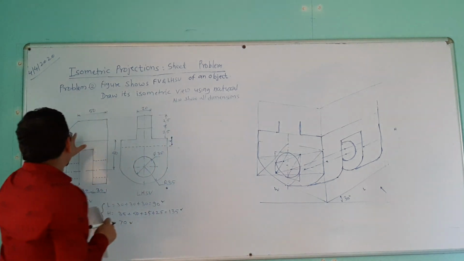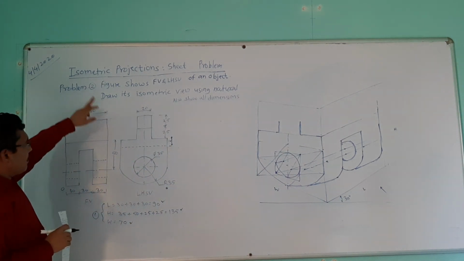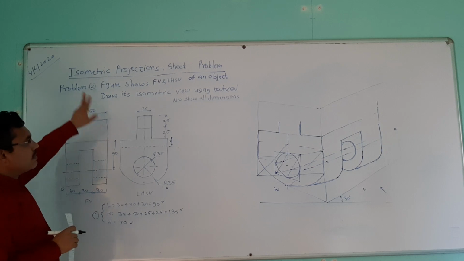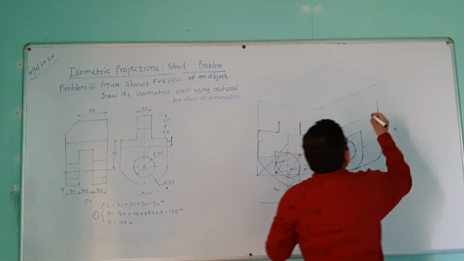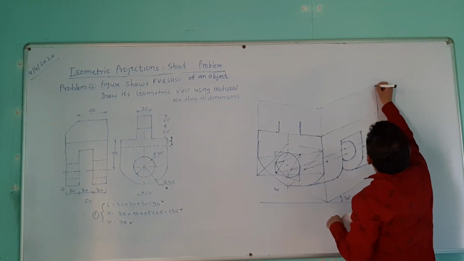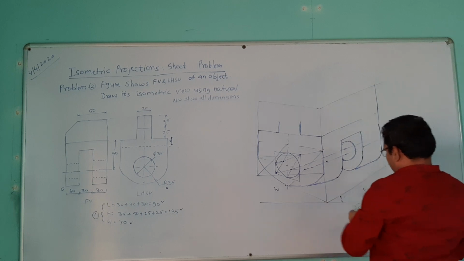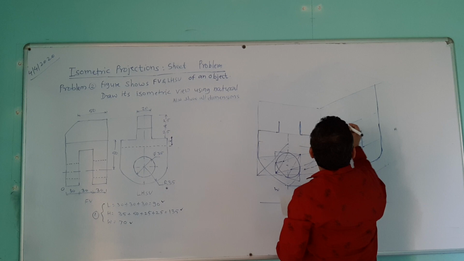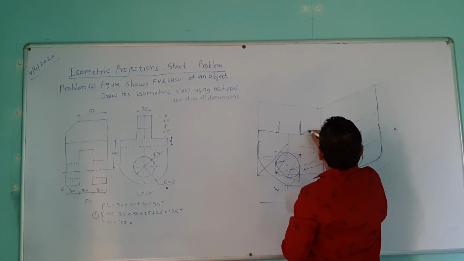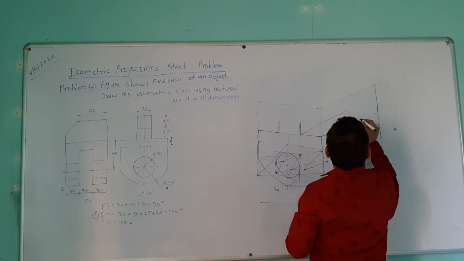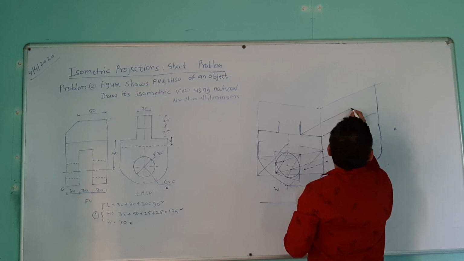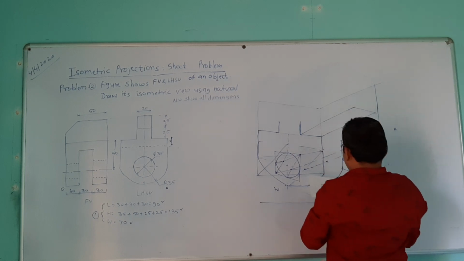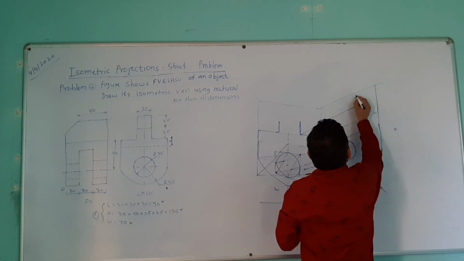Then after that, the inclined line, but from the back side you will find that the line is up to the height. So the total height for this. So here you draw, and you have a total height.